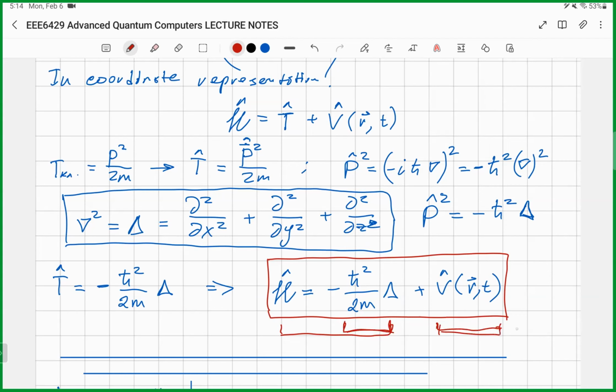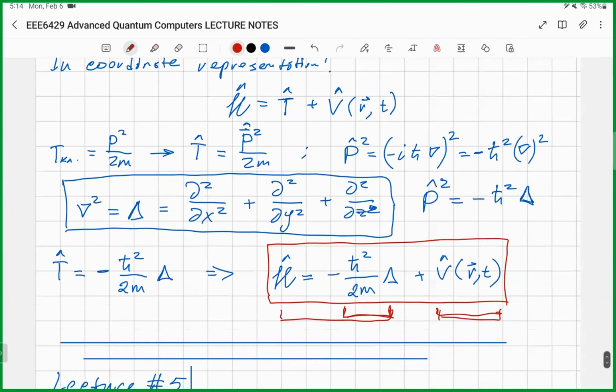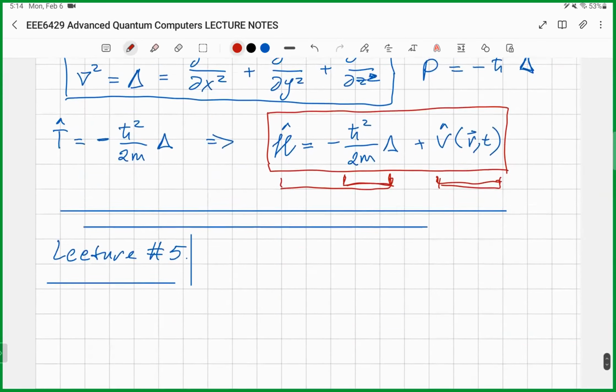This is very similar to what we do in classical physics when we describe the total energy of a system as a sum of two, the kinetic energy plus the potential energy. But in this case, this Hamiltonian is an operator of the energy of our system.